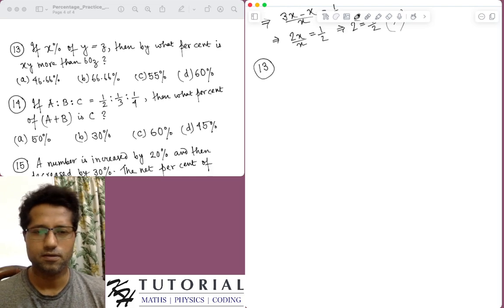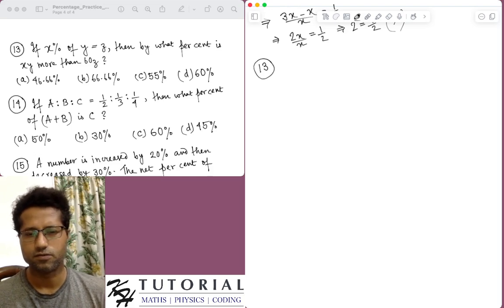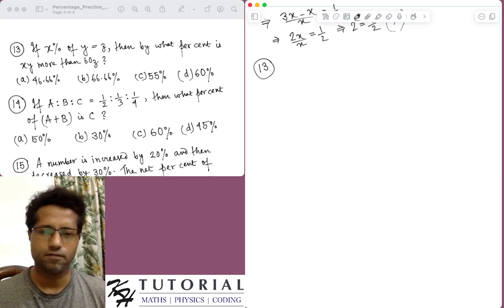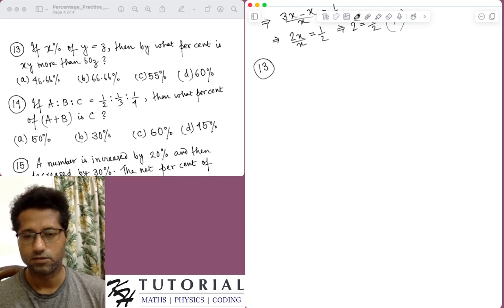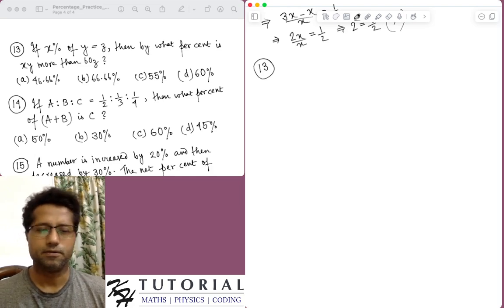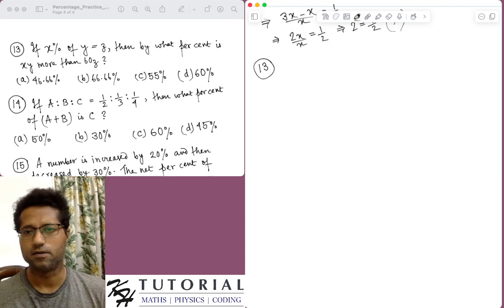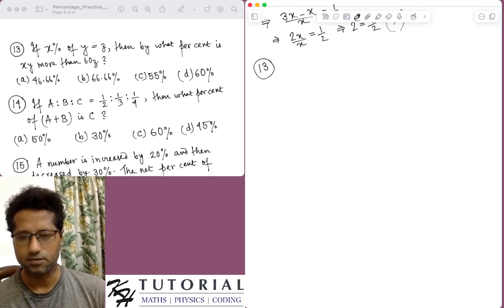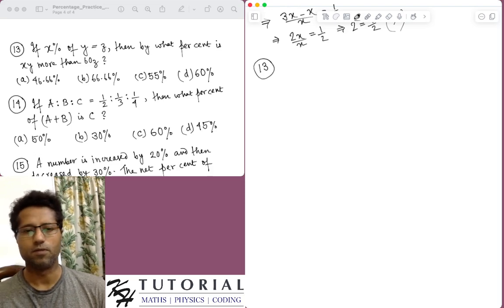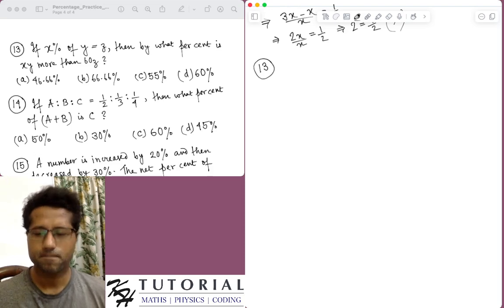But obviously, there are smarter ways of solving the problem. If you are smart enough, you can go with the smarter ways. But if you are not smart enough, it is good enough if you follow the very basics of the percentages and its concepts and solve the problem step by step, slowly.